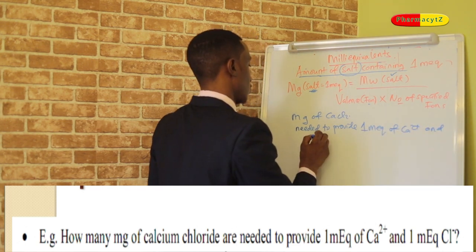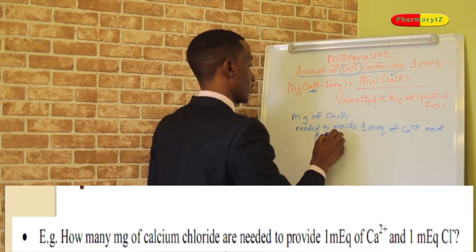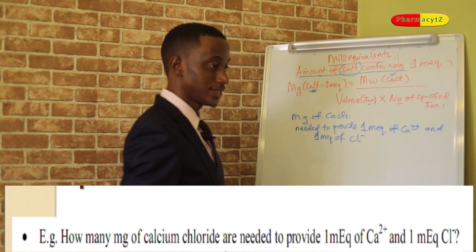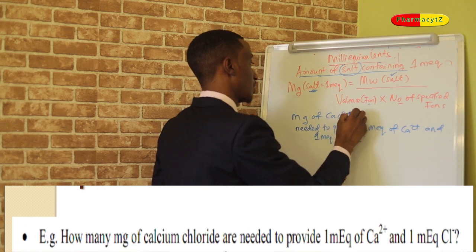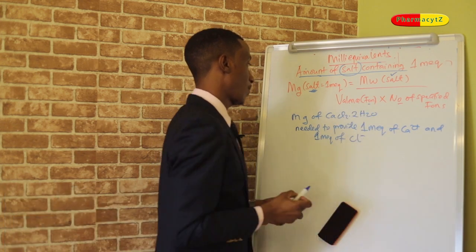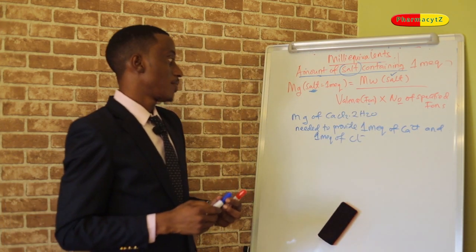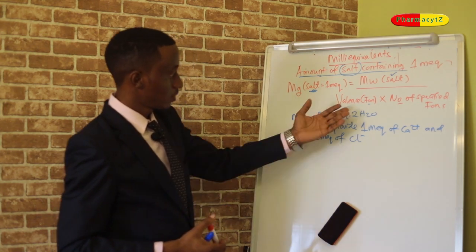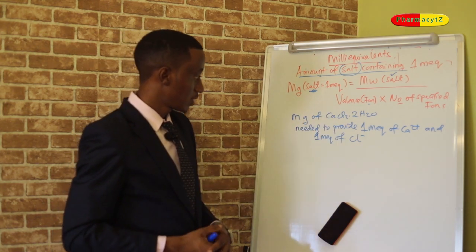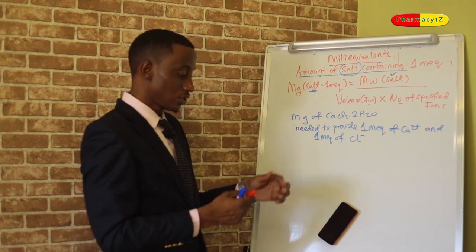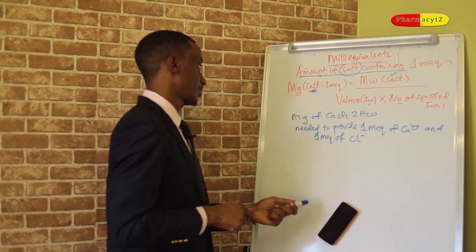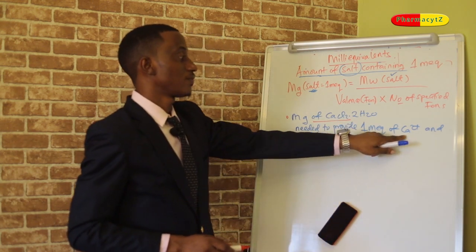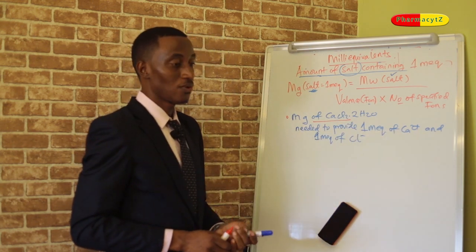This calcium chloride contains water, 2H2O, so it has 2 molecules of water. We need to know how much calcium chloride, with the water, contains 1 MEQ of calcium and 1 MEQ of chlorine.